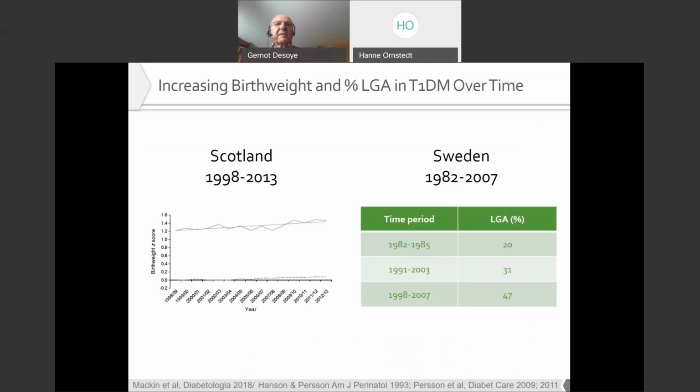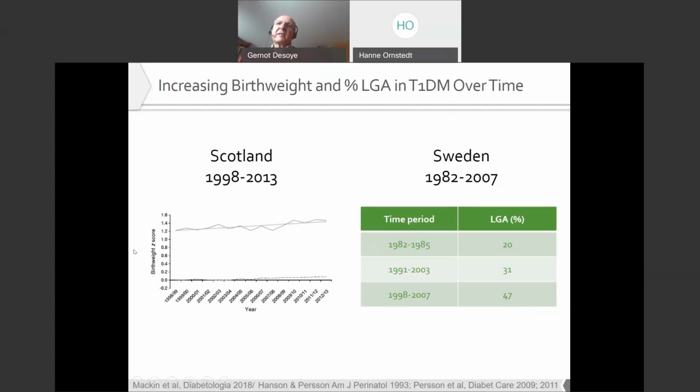We all know that type 1 diabetes and pregnancies complicated by type 1 diabetes have been characterized a long time by a smaller neonate, but there is accumulating evidence now that over the past decades, the birth weight has increased.